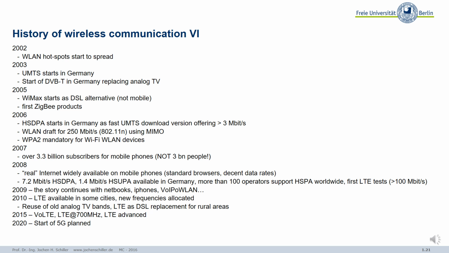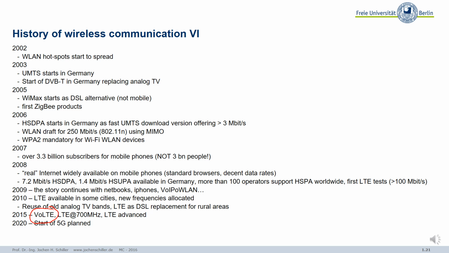Then 2010 was the year when LTE, long-term evolution, started, and I think Oslo and Stockholm were among the first cities there. And then 2015, last year, the operators introduced voice over LTE, and that's more or less the step when you say goodbye to the classical transmission of voice, which is still in the classical LTE UMTS GSM system based on circuit switching.